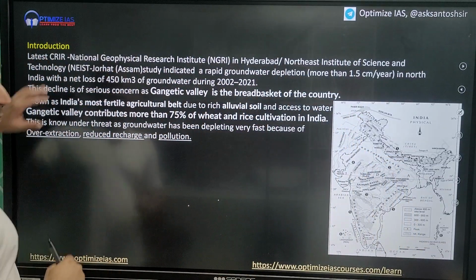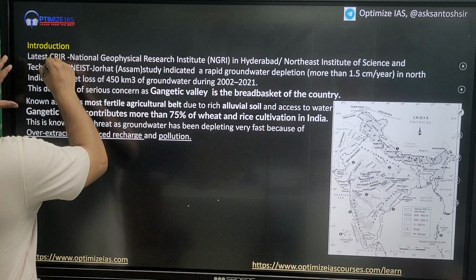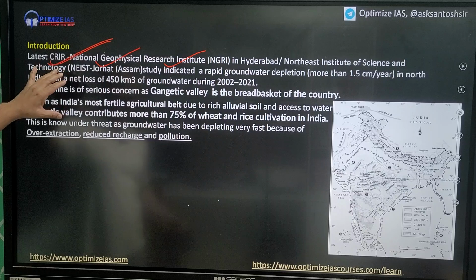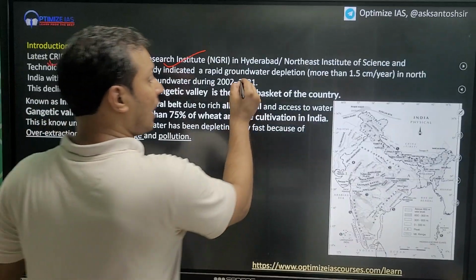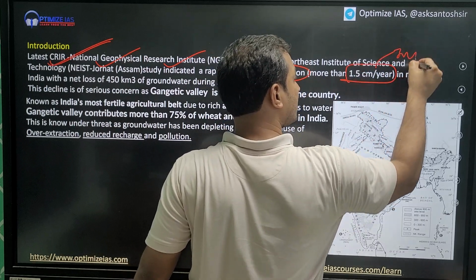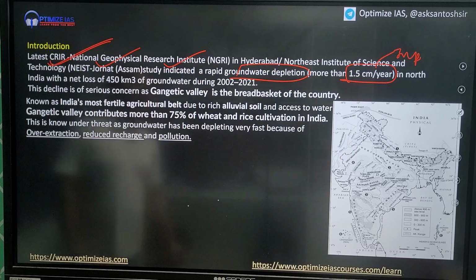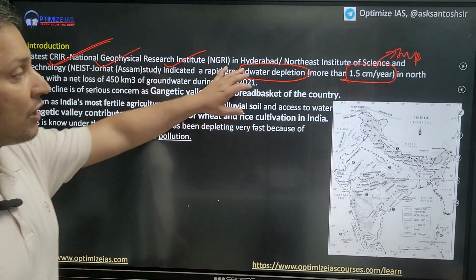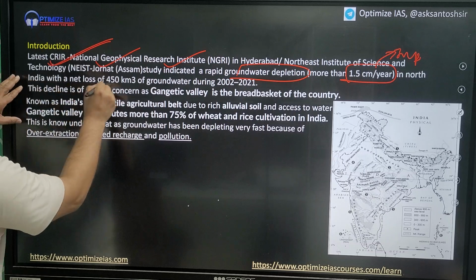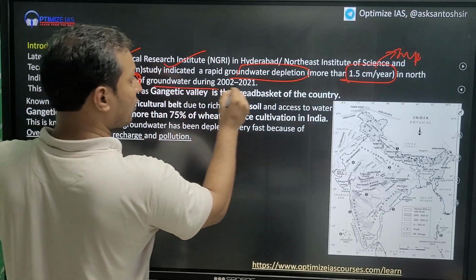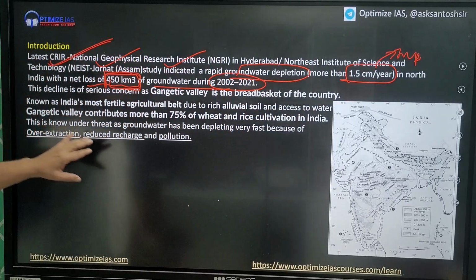As per the Hindu article, the latest CSIR and National Geophysical Research Institute report says that there is a fall in the groundwater level of more than 1.5 centimeter per year in the Indo-Gangetic plain, in North India, with a net loss of 450 cubic kilometers of groundwater during 2002 to 2021.